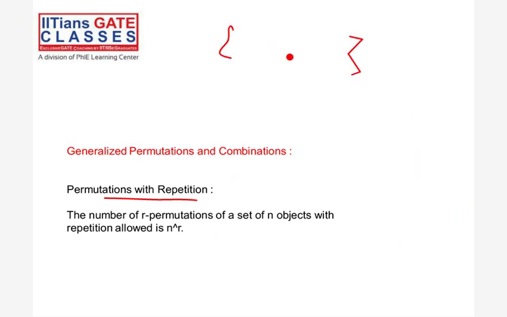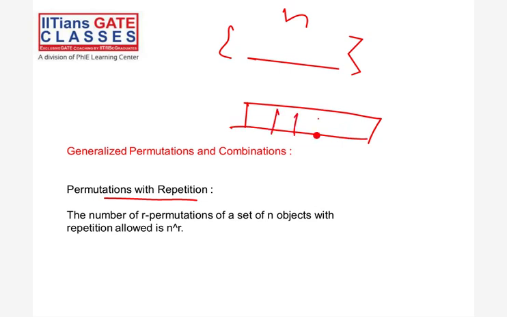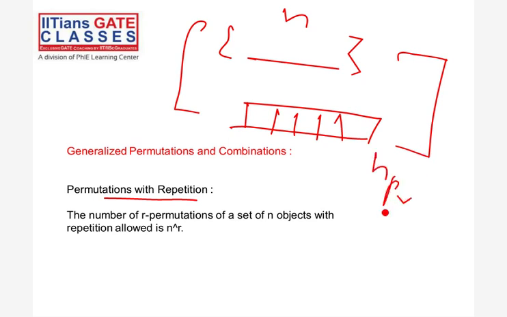Right now we are considering this: if you have an n-element set and you want to make an r-permutation, remember that repetition is now allowed. In the previous cases when we were looking at permutations, we did not allow repetition, and at that time we got the formula nPr. Why? Because we did not allow repetition.